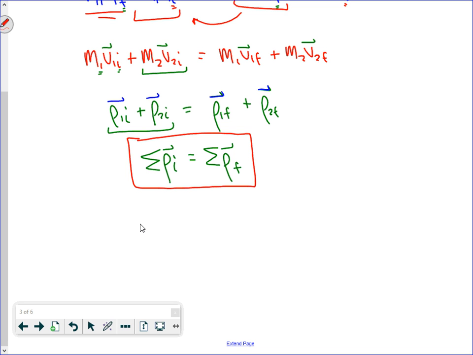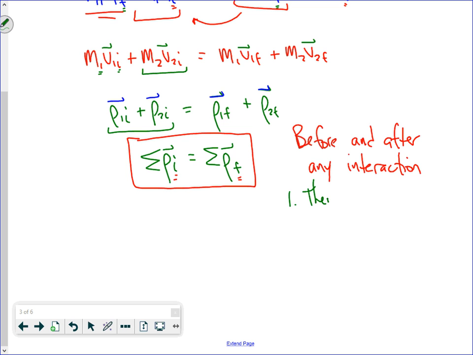It says that initially and after that, there's the same total amount of something. So this says that before and after any interaction, there exists the same total system momentum.